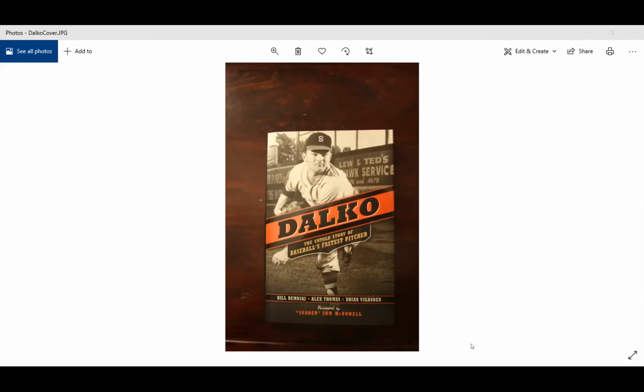We looked to separate fact from fiction because as things continued on in Steve's life, the myths became far bigger, brighter, and louder than anything close to the fact. Fourth thing is that I want to look at how we came closer to substantiating Steve Dalkowski as the fastest pitcher. Fifth area.